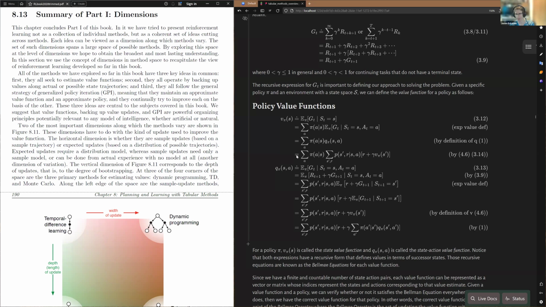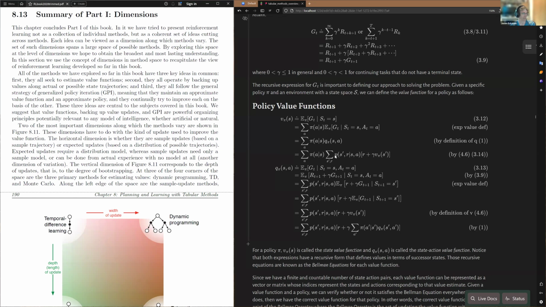Now, in the book and in previous sessions, we had gone through deriving these recursive relationships for the value functions, but we always start with this definition for both of them. I just copied this here from a previous notebook, but you can use the definition of the expected value and this recursive relationship for G, and by massaging it back and forth, you end up with two equations, which are the bottom equations here.